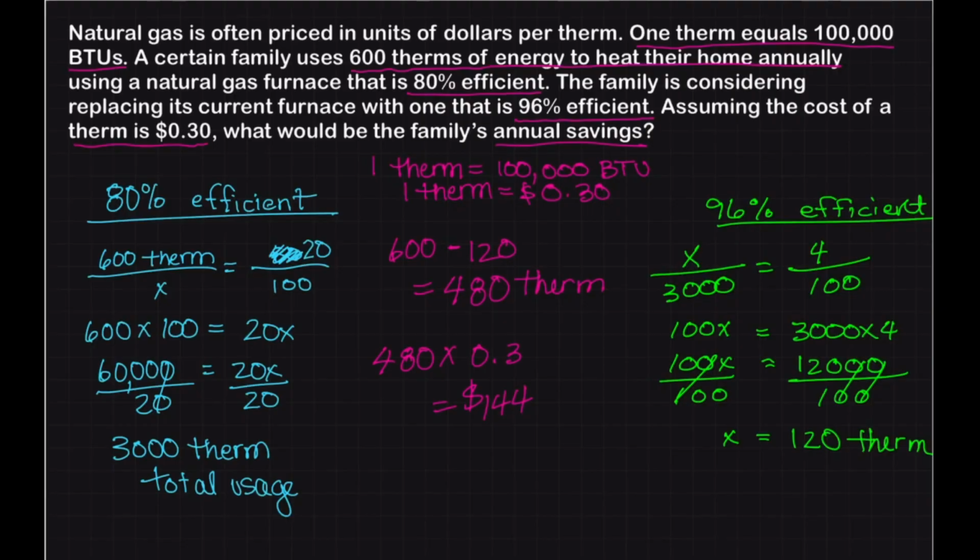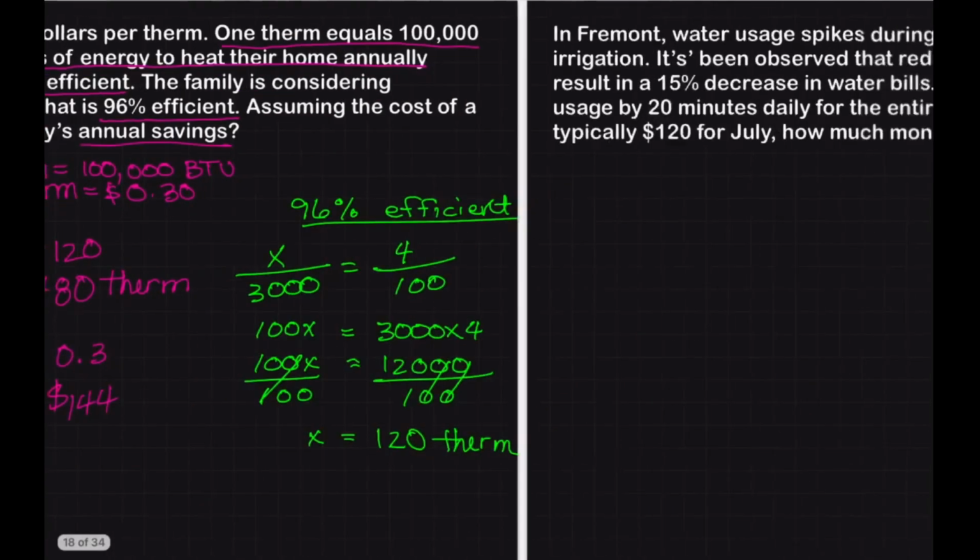So the family will have to decide if the upfront cost is worth the annual savings for the heater. And everybody has to do that, all families, when they're deciding if they want to upgrade to something more energy efficient.